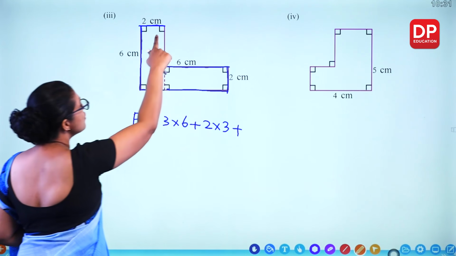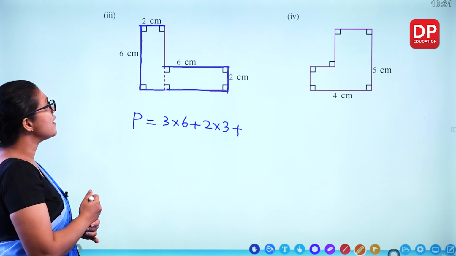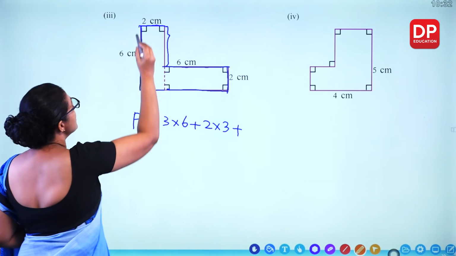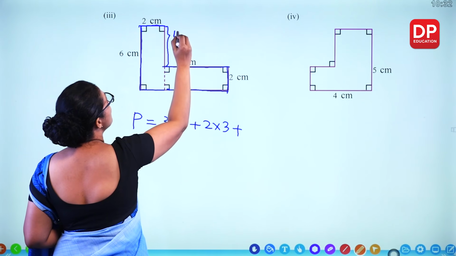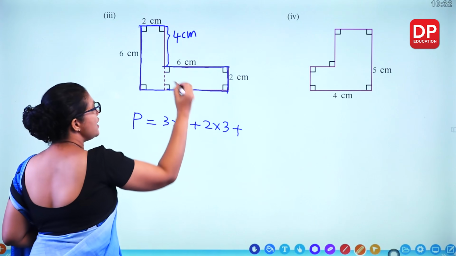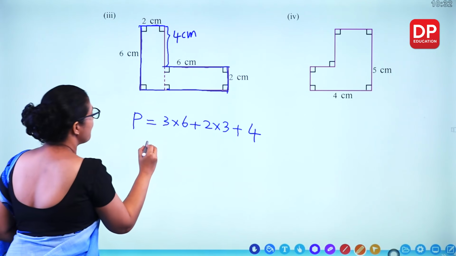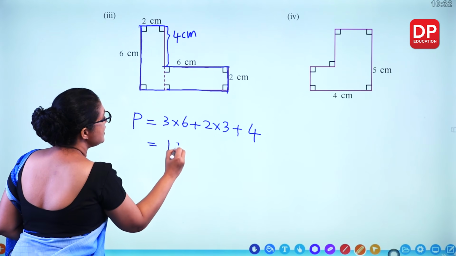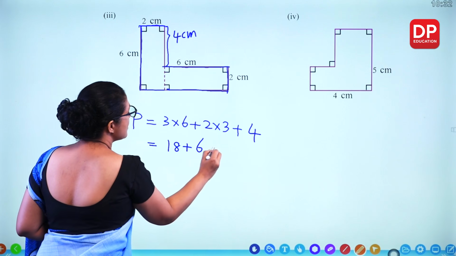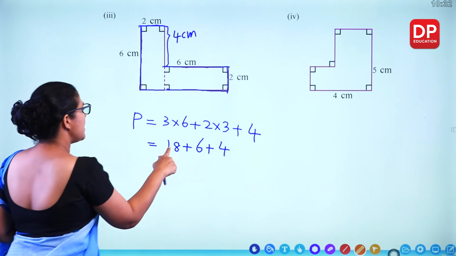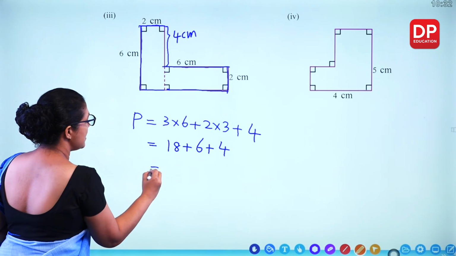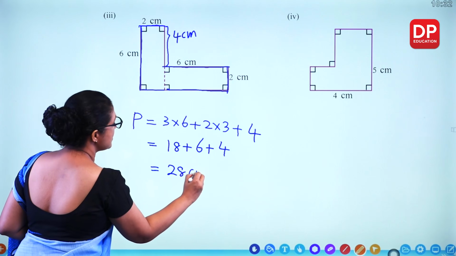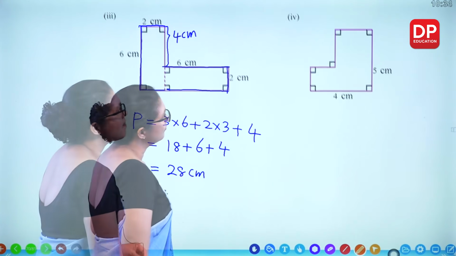And then you need to find out this length. So how do you find out that length? 6 minus 2, you get 4 centimeters. So you need to add 4 there. 6 into 3, 18. 6 plus 4, 10 and 18, that's 28 centimeters.